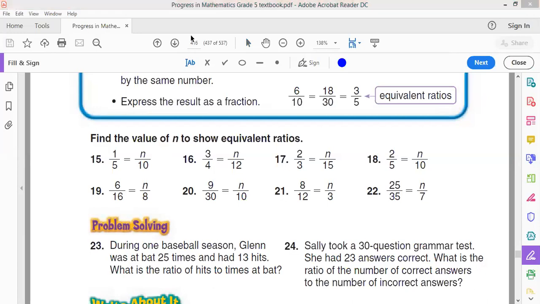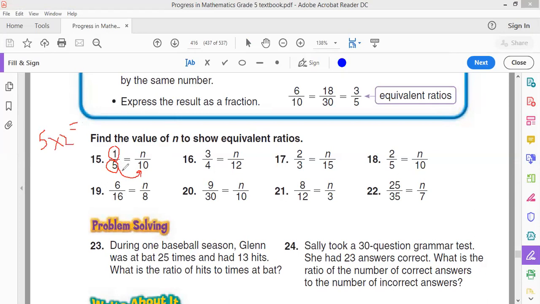Listen, I will explain more. Look at here. Here you have 5, and here you've got 1. 1 over 5. 5 is changing into 10. How can you change 5 into 10? We multiply by 2.